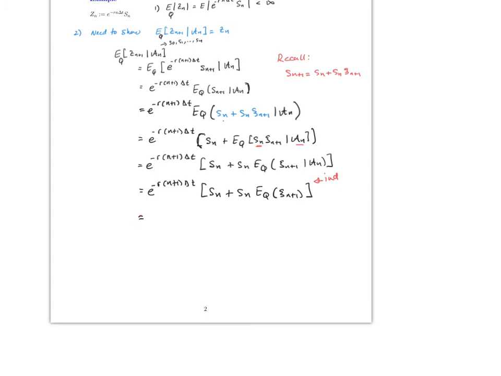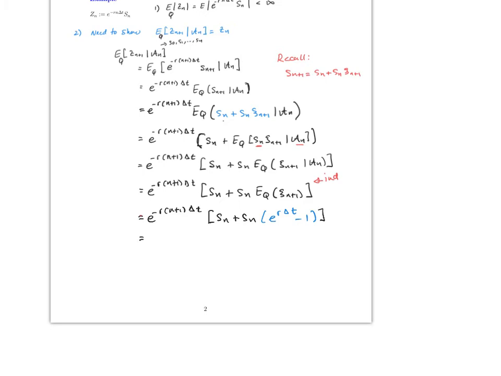So therefore this is equal to e to the minus r_{n+1} delta t times S_n plus S_n times e to the r delta t minus 1. This is what I did at the very beginning.